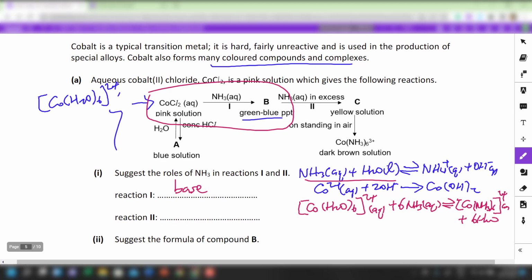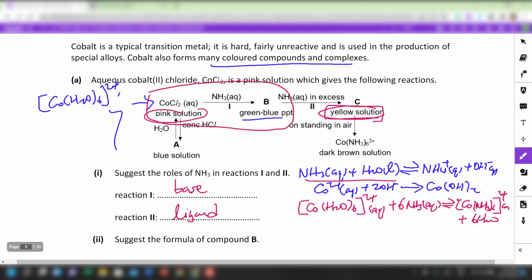So in this case ammonia acts as the ligand, because the excess ammonia undergoes ligand exchange with the water ligand in the hexaaquacobalt(II) complex. This is pretty straightforward, and that's why you get a different colored solution. Initially it's pink, now you're getting a yellow solution. If you remember what I mentioned during tutorials, a color change is due to either of two processes, that is ligand exchange or redox.